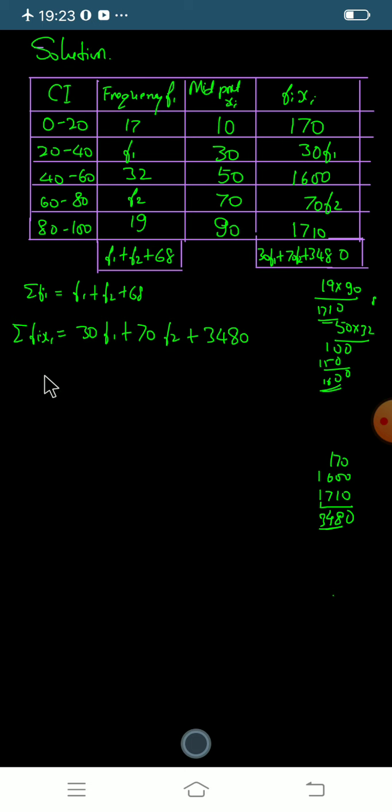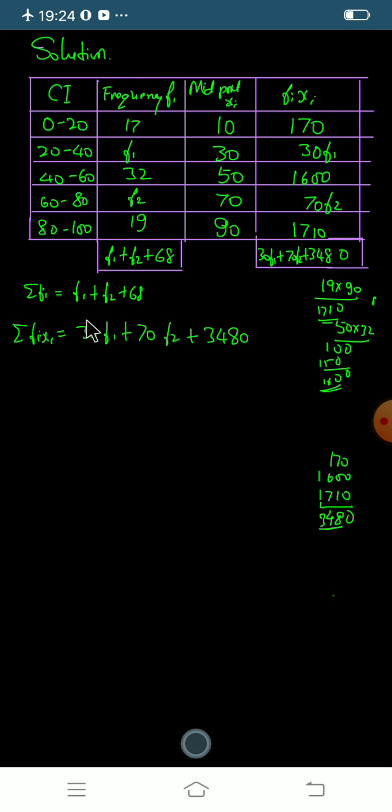Here we have to solve this: F1 plus F2 plus 68 is totally 120, isn't it? It is given in the question that the sum of the frequencies is 120.